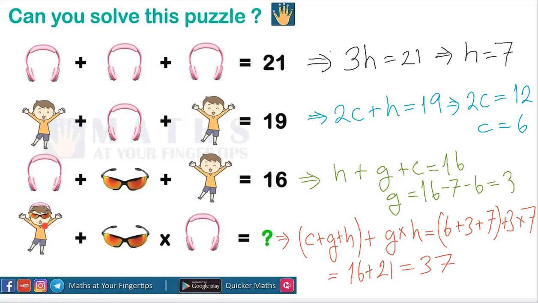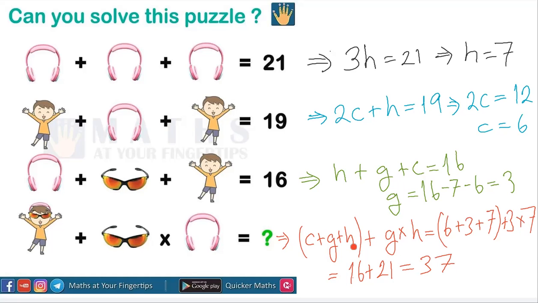So in our final case, the tricky part is this child has glasses and a headphone. So here we can represent it as 1 child plus glasses plus headphone.